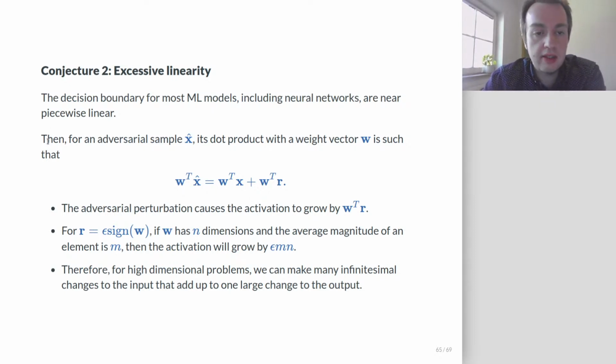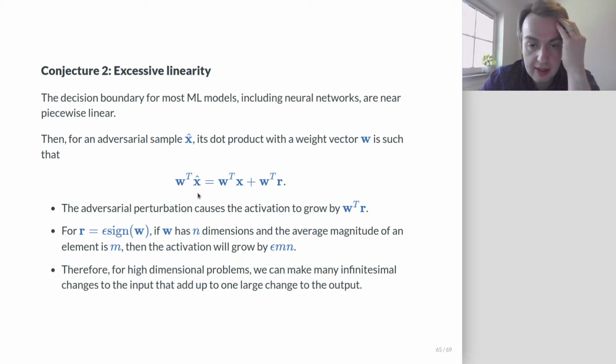Then that means that for some adversarial sample x hat, if the model is indeed linear, I can express the output of the model as a linear operator, as a dot product of some weight vector w times the input x hat.